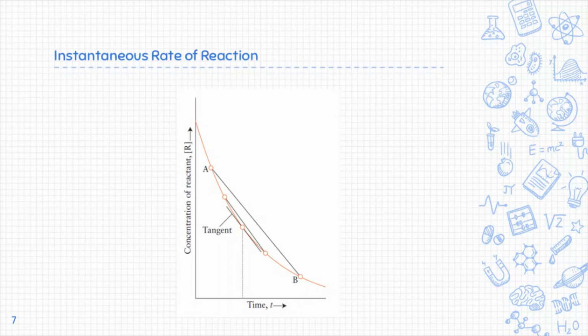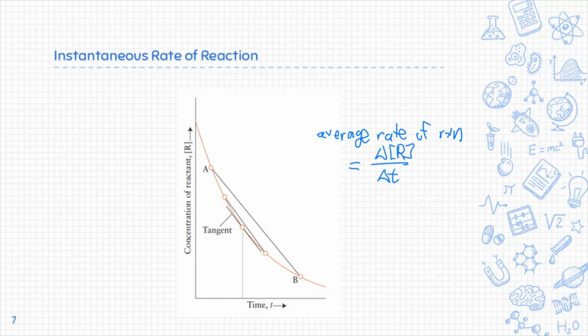Basically, this is a concept you'll learn in calculus. It's called a derivative, and I'm bad at pronouncing that, but whatever. So basically, we know that the average rate of reaction is equal to something like delta R over delta T, right?